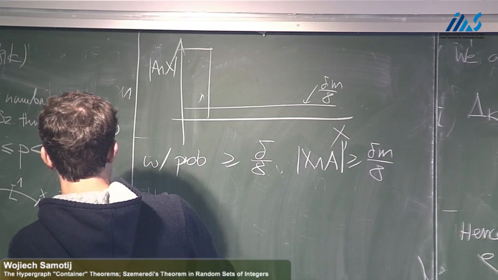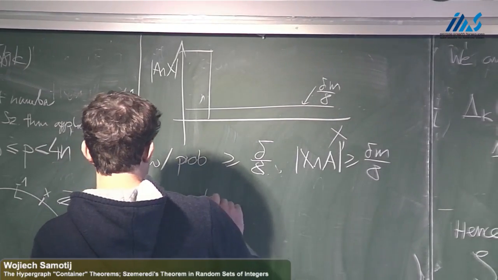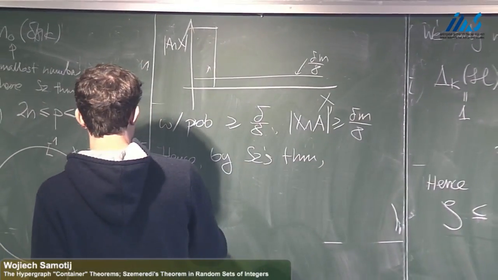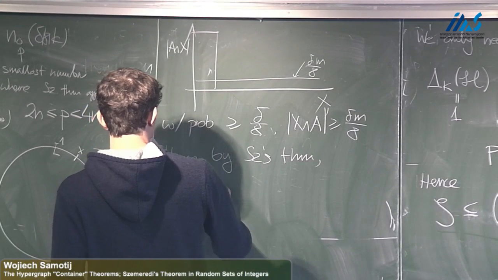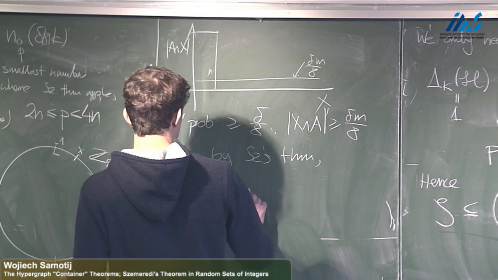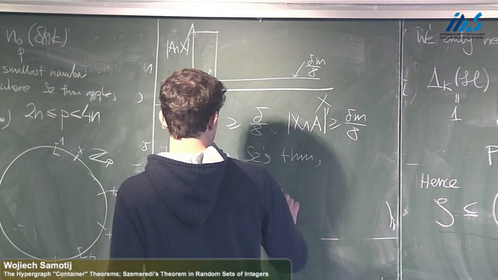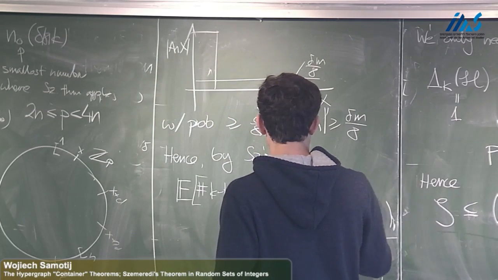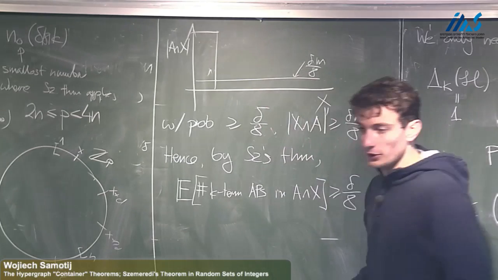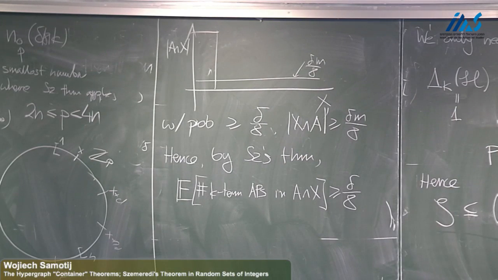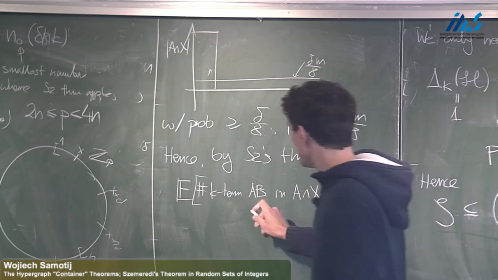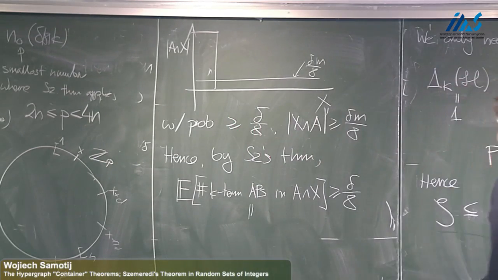Hence, by Szemeredi's theorem, the expected number of k-term arithmetic progressions in A intersection X is at least delta over 8. But there is another way to compute this quantity. Now let's use linearity of expectation.